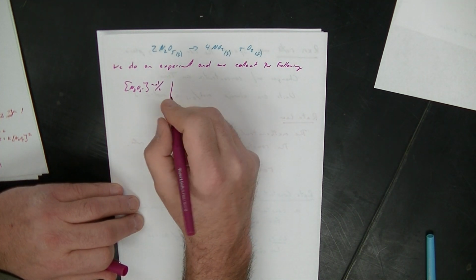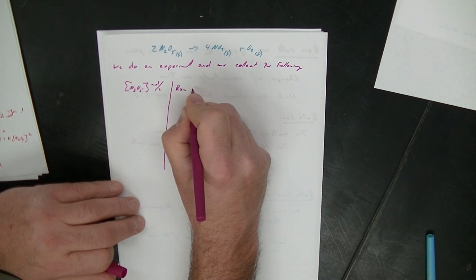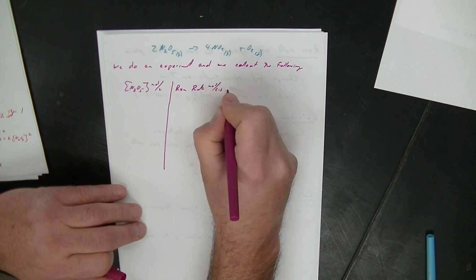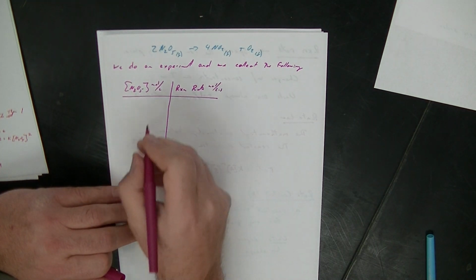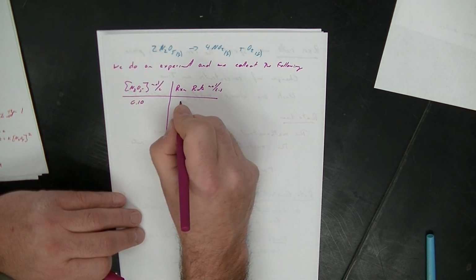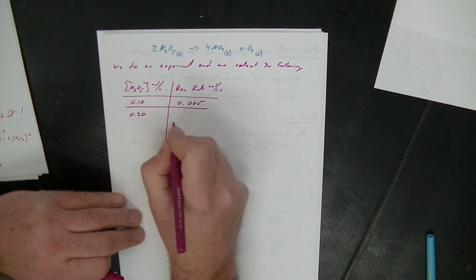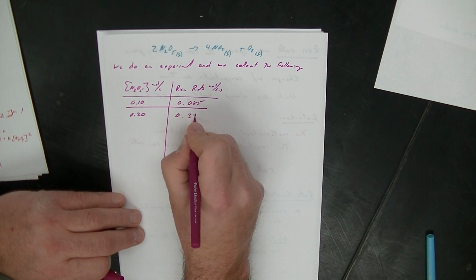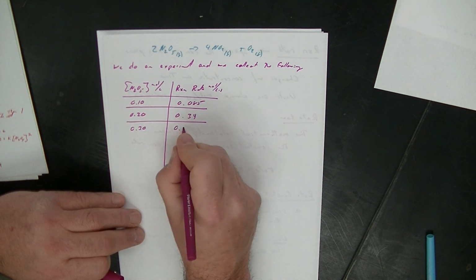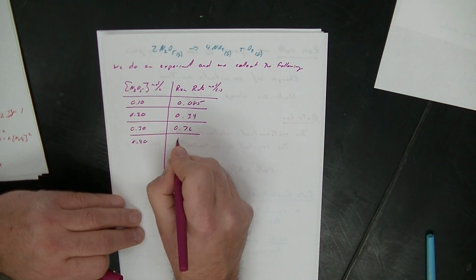And we have the reaction rate in moles per liter seconds. All right, so at 0.10 we have 0.085, at 0.20, 0.34, 0.30, 0.76, and 0.40, 1.4.